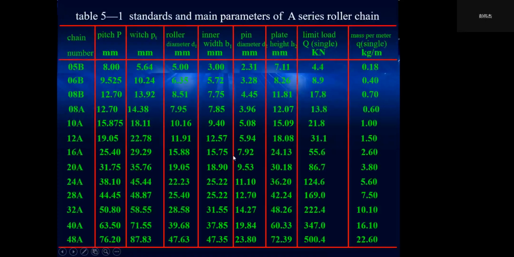Okay, then the chain number is 16A, and we can obtain the main parameters of the A series roller chain: the pitch P, the inner width, the roller diameter d1, the inner width b1, the pin diameter d2, the plate height h2, and Q, the mass per unit length, is 2.6.